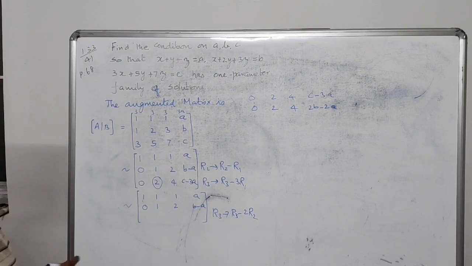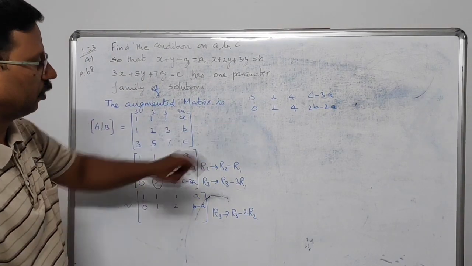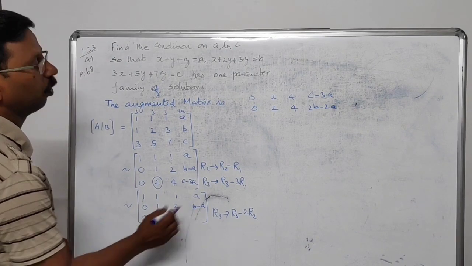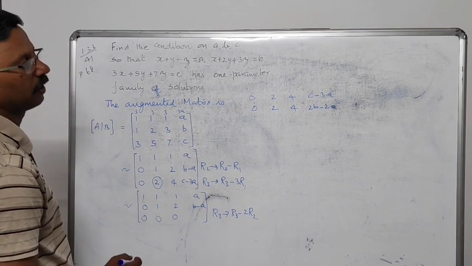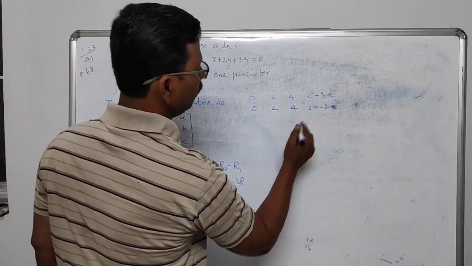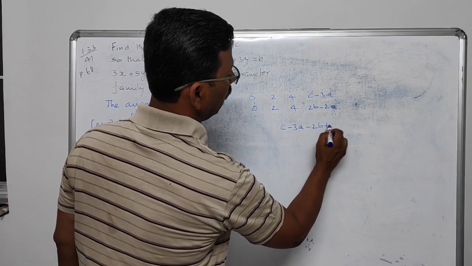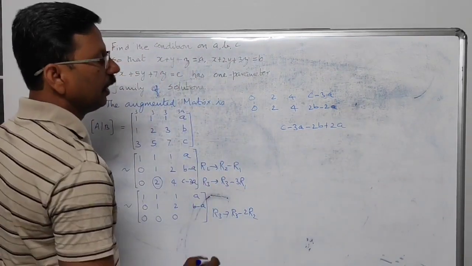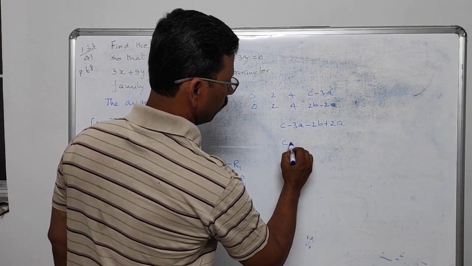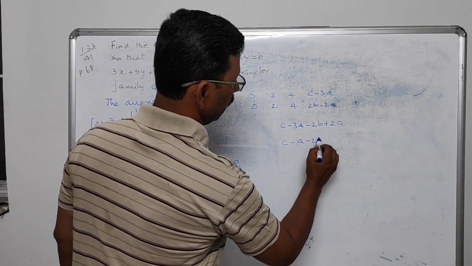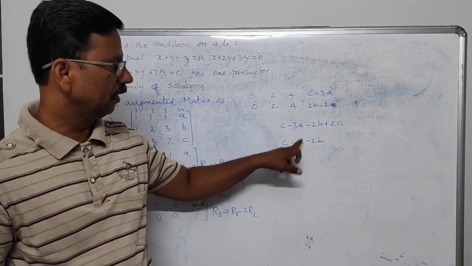Now we have to subtract. 0 minus 0 gives 0, 2 minus 2 gives 0, 4 minus 4 also gives 0. Then if you subtract, you can write C minus 3A minus 2B plus 2A. Therefore, C minus 3A plus A gives minus A, then minus 2B.